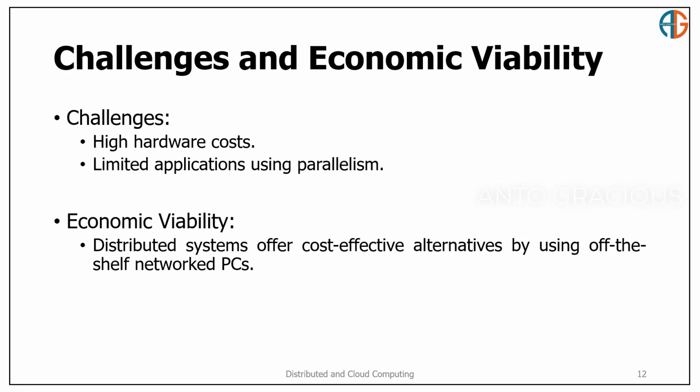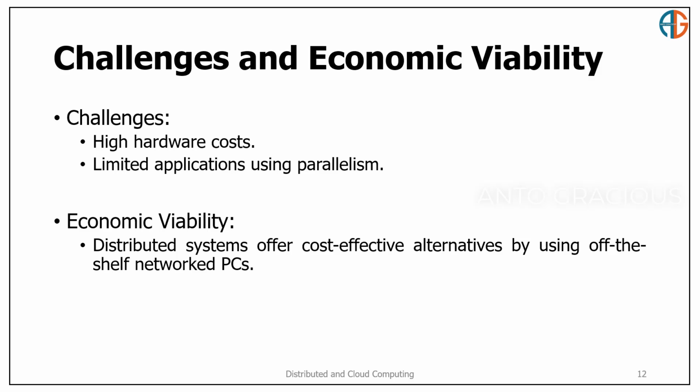Challenges and economic viability. While parallel processing systems provide significant computational power, they come with challenges. Number 1, high hardware cost, that is, specialized hardware is expensive. Number 2, limited applicability, that is, not every problem can be parallelized effectively.